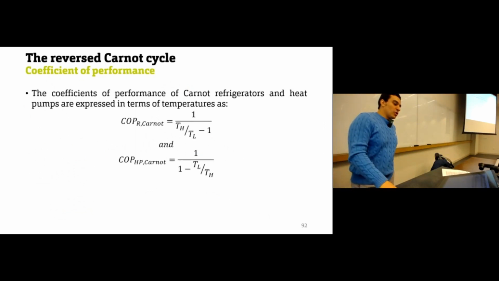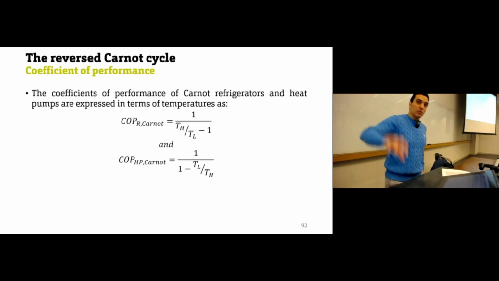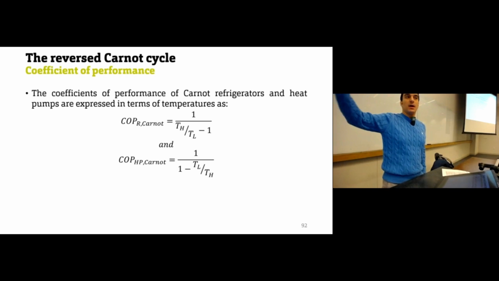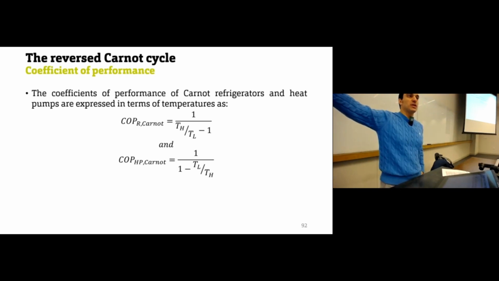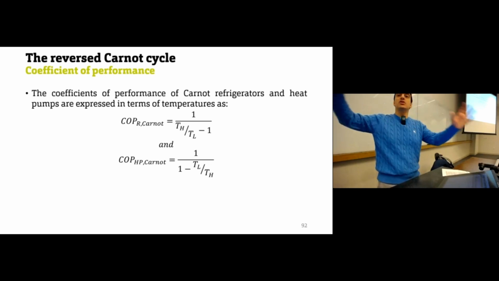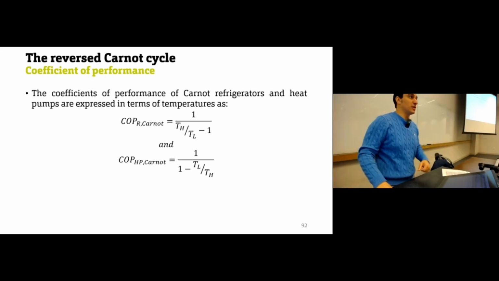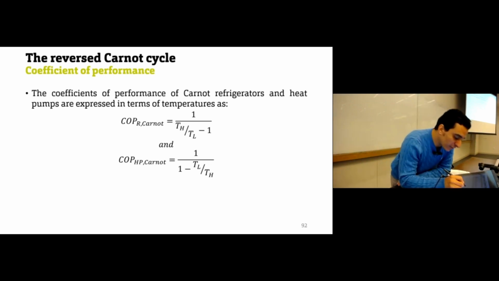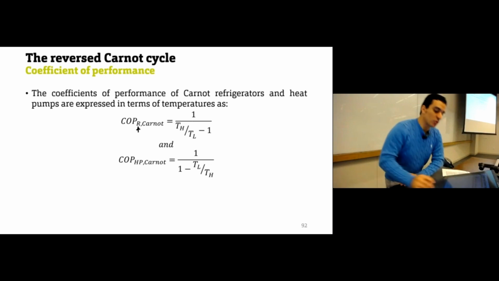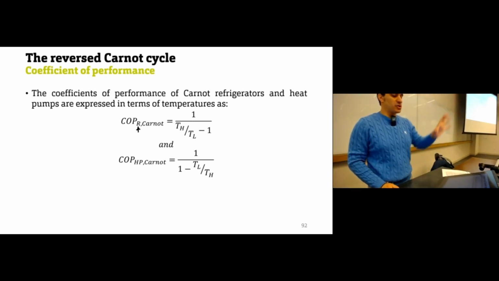For the coefficient of performance of a Carnot cycle, we said there is a general equation to obtain the coefficient of performance. The equations that we obtained in the previous slide were the generic ones that you can use for any cycle. But for Carnot cycles, we have an extra equation that is based only on the temperature. If you have a Carnot cycle that operates as a refrigerator, this will be the equation: 1 divided by (TH over TL minus 1).